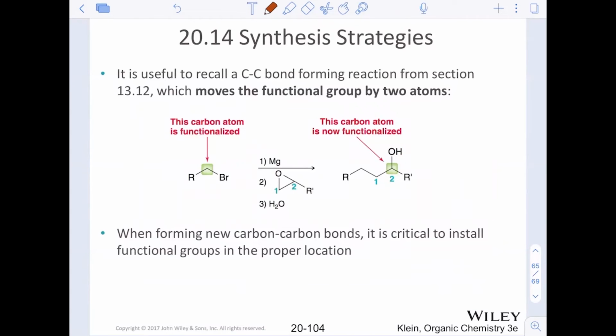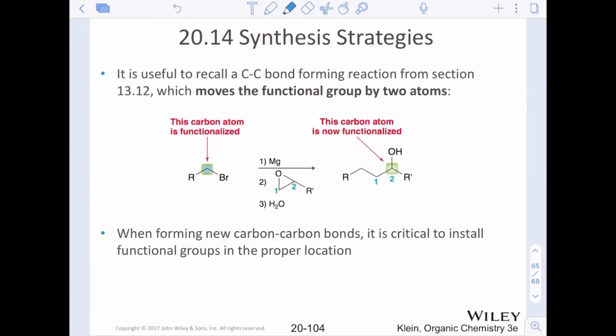All right, it is useful to recall the carbon-carbon bond formation from section 13.12, which was really the Grignard reaction chapter, which we are going to be discussing a little bit more right now with identifying other functional groups. Grignards are really, really important, and we are going to continue looking at Grignards in chapter 21.